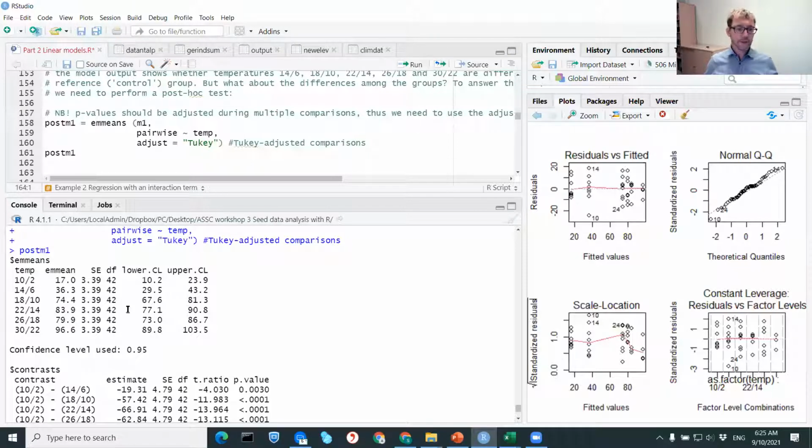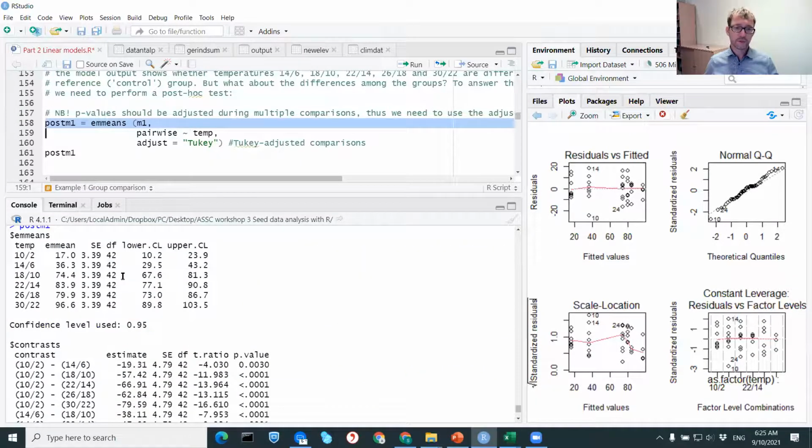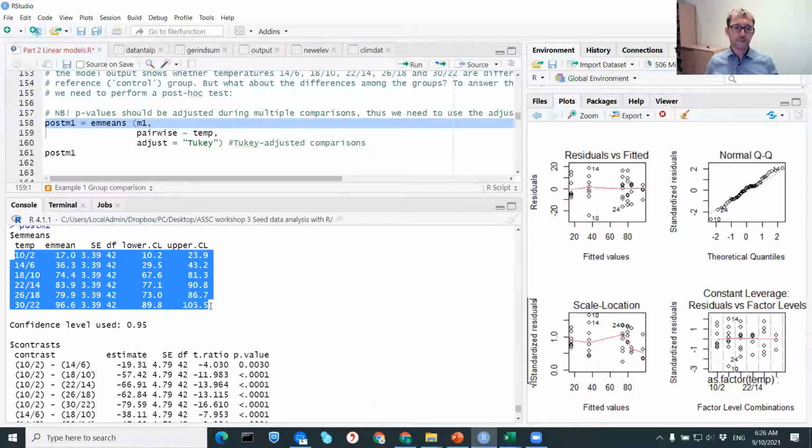All right. So once again, here in this model output, you just get an idea whether some of your parameters are significant or not. And if you deal with groups, you always need to run a post hoc test. And this is how you do it. You get this very simple output, right? These are the estimates, recalculated estimates for your temperatures.